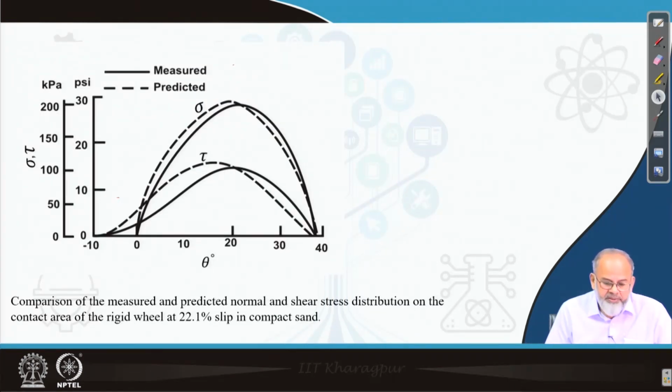This is the measured and predicted shear stress and normal stress in compacted sand at a slip of 22.1%. If you look at this figure, the procedure which we followed for finding out shear stress and normal stress distribution along the contact area is quite close. Measured and predicted values are quite close. Hence, the procedure which we followed is all right.